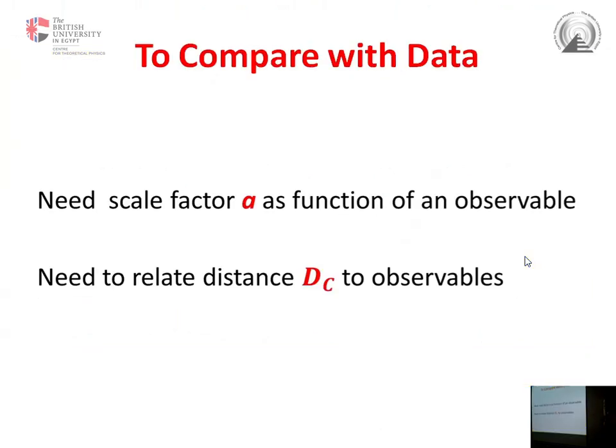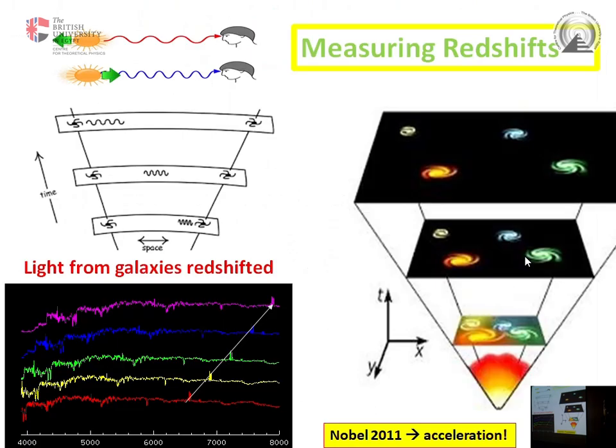Okay? Now, as we said, first of all, we need a as a function of the observer. And we need DC as a function of the observers. We cannot measure comoving distances either. So we're not doing much better than time. And we need something else.